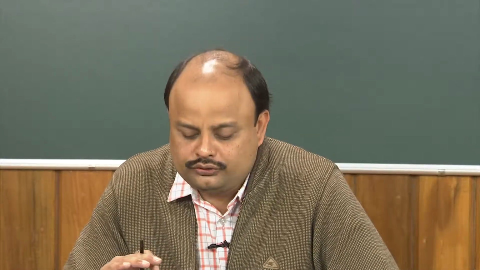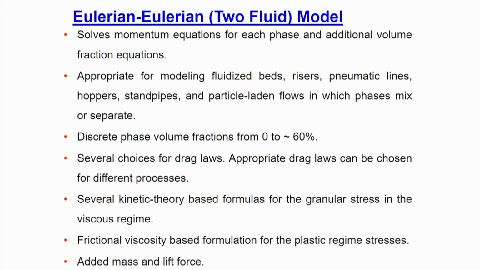Now, we will move to the next model, which is one of the most commonly used and very popular models to model multi-phase flow reactors, and that model is the Eulerian model. As I said earlier, in the Eulerian model we assume all phases to be interpenetrating continua, and that is one of the major assumptions.